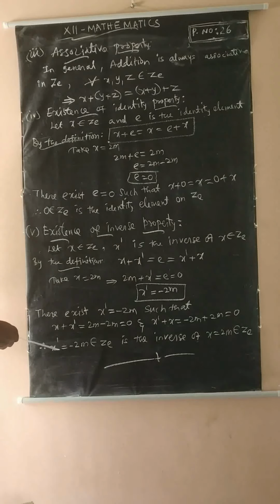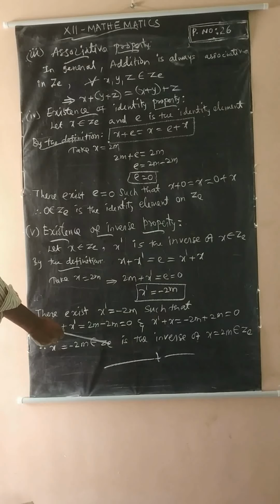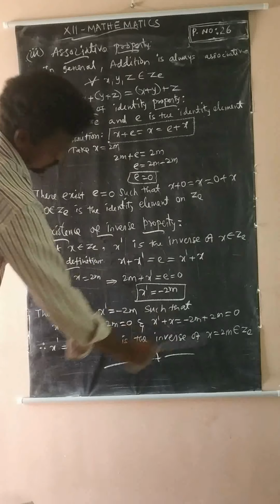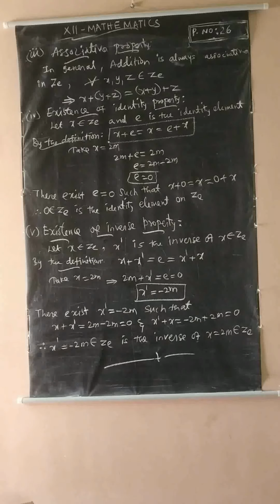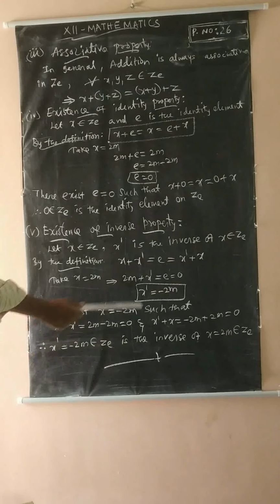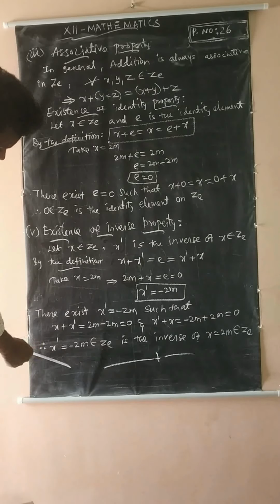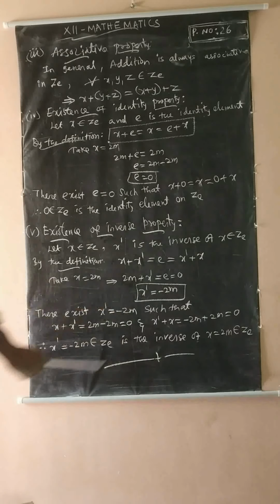Therefore x dash equal to minus 2m belongs to ZE and is the inverse of x equal to 2m. So minus x is the inverse of x. Hence the inverse element exists, so the inverse axiom is also true.